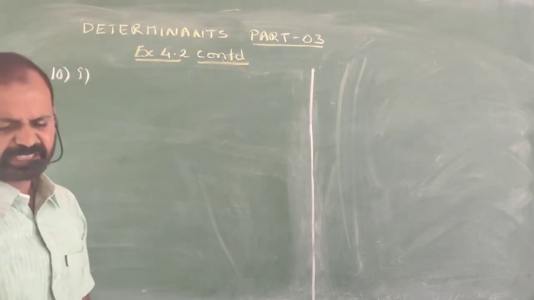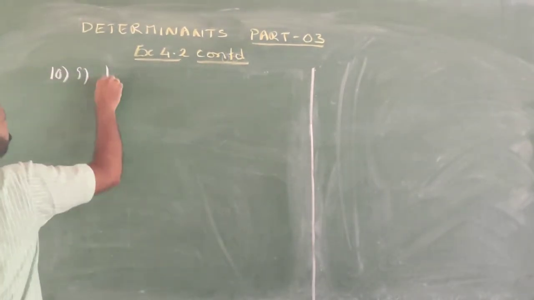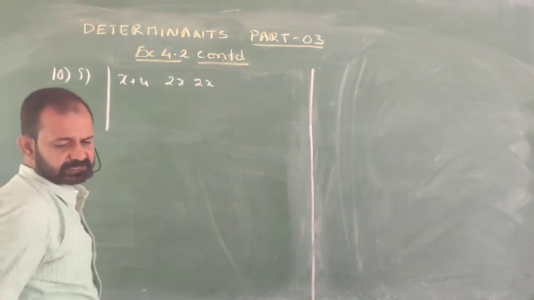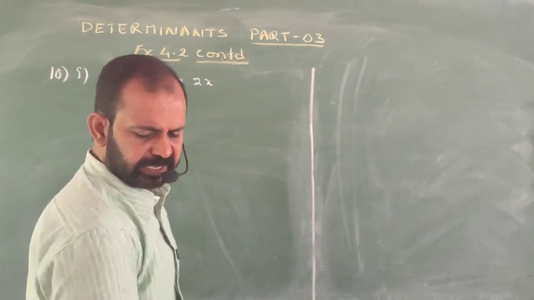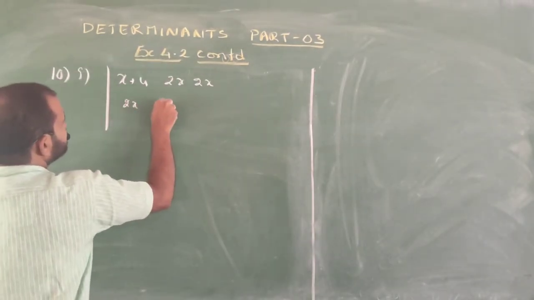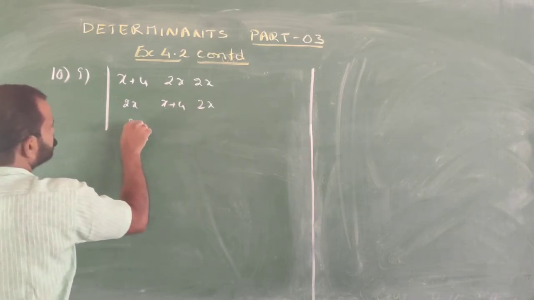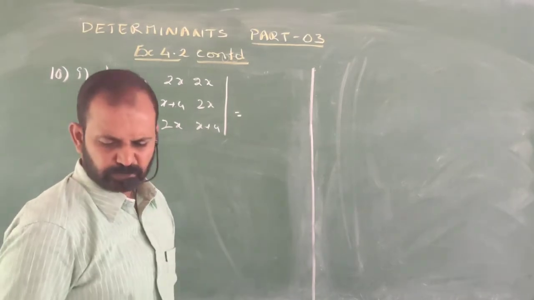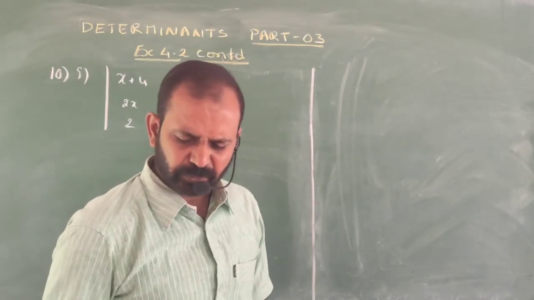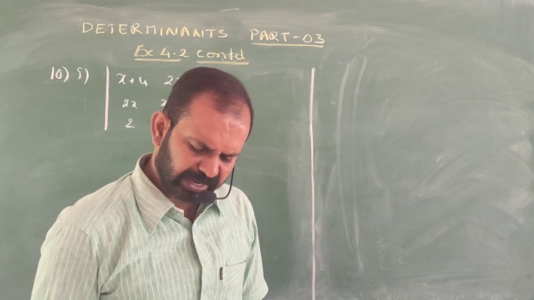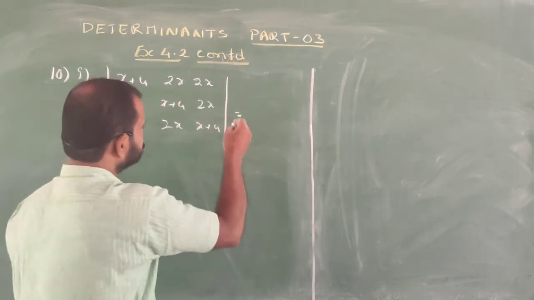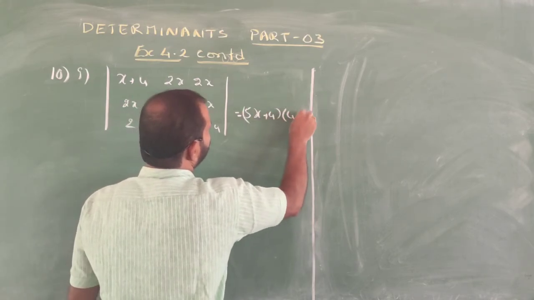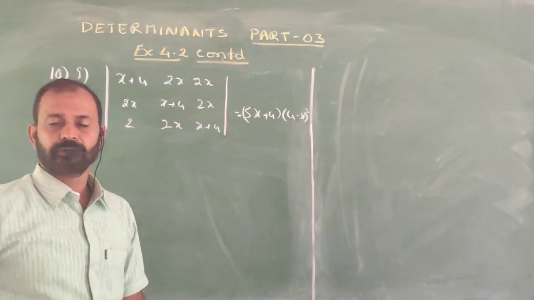First case, it is the determinant with rows x plus 4, 2x, 2x; 2x, x plus 4, 2x; 2x, 2x, x plus 4, which is equal to 5x plus 4 into 4 minus x whole square.